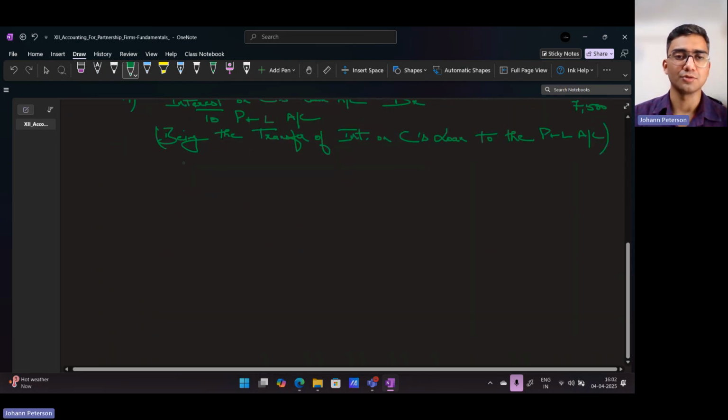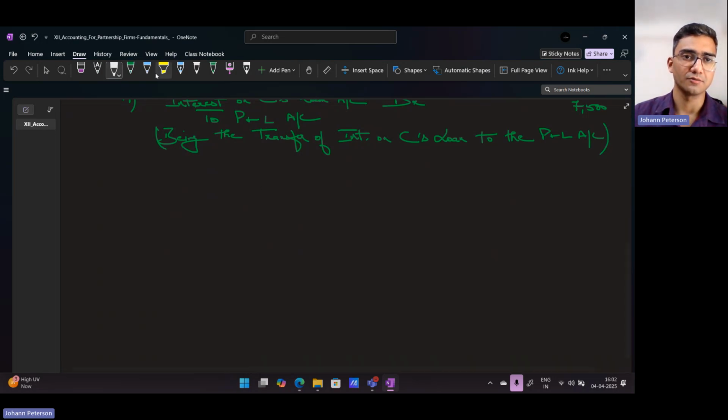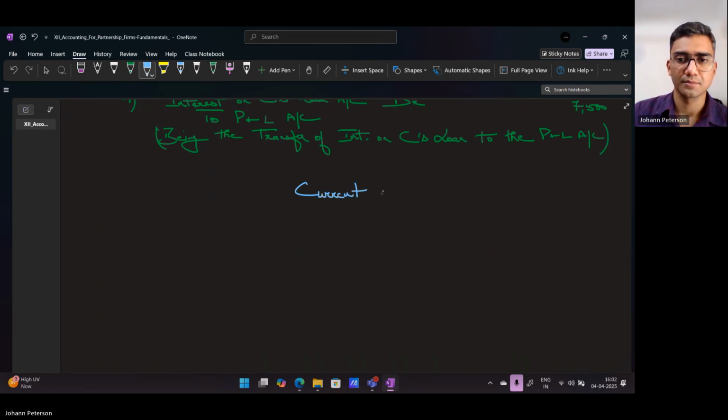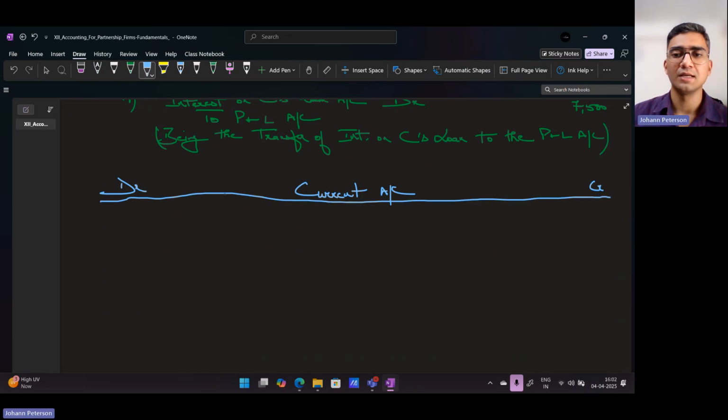Now we have to also make the current account. That was what was asked of us. So we will be making for all the partners. So current account, debit, credit. Remember, this is our main solution going on. So in our main solution, first we will do all our main things that have been asked.